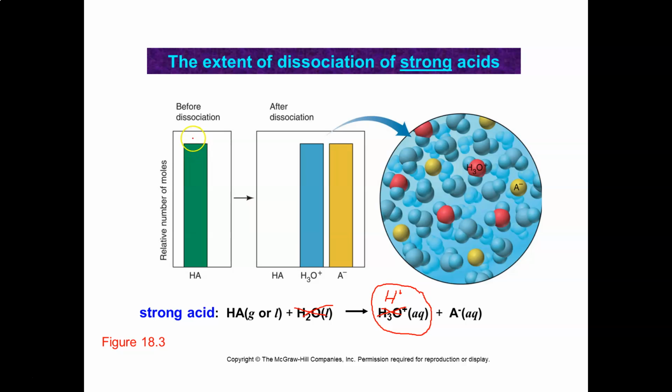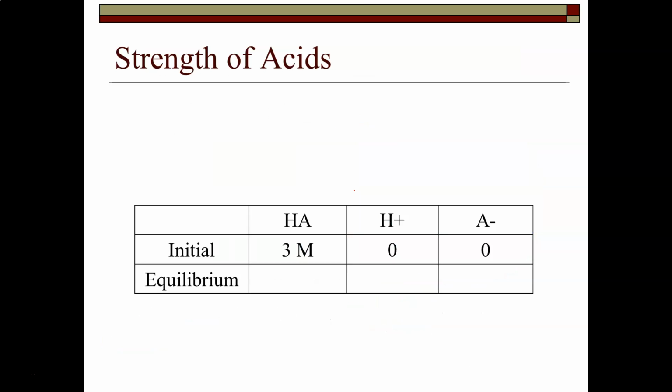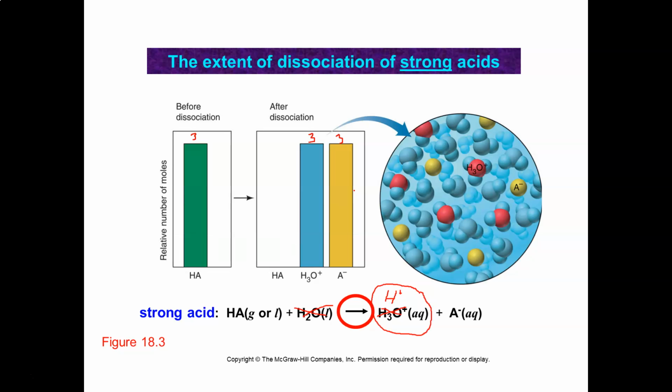So if we had 3 moles of HA, at the end after dissociation, we have 3 moles of H plus and 3 moles of A minus. Note the full arrow to the right, the full yield sign, because we went completely to the right, full dissociation. You should be familiar with that for strong acids. You won't see the equilibrium sign there.